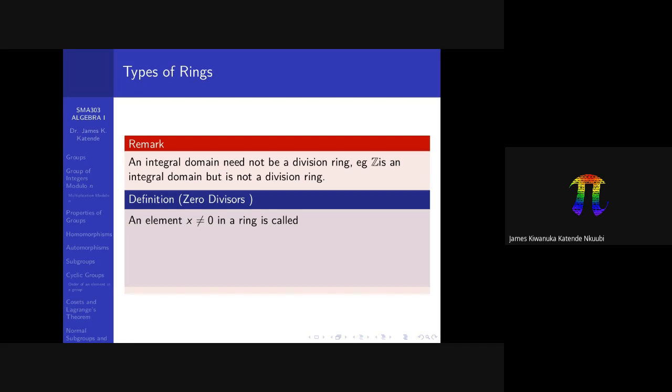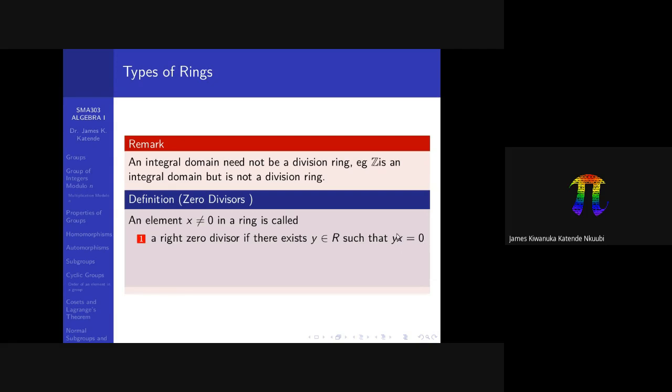So here is another definition, the zero divisors. If you have a non-zero element x in a ring, it will be called a right zero divisor if we can find another element y in R such that if you multiply x on the right of y, you get 0.